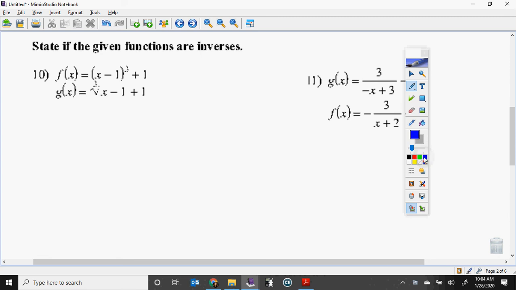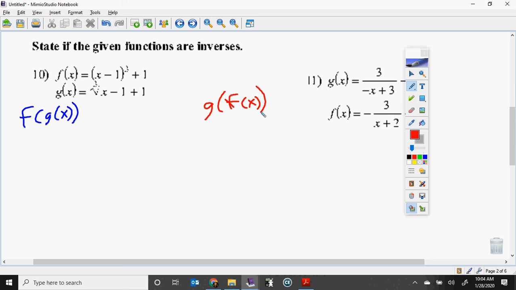But what they want you to do is composition, which is what we did yesterday. And so, this is one of the ways we apply composition. We're going to find f of g of x, and then we're going to find g of f of x.